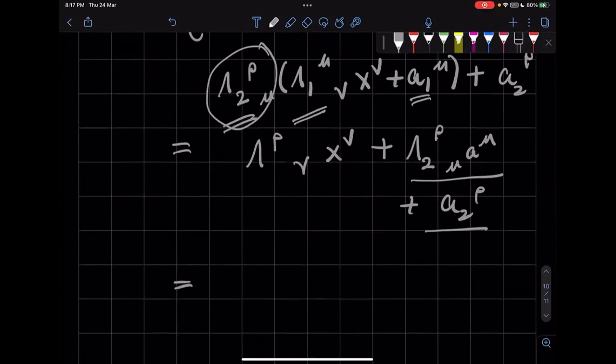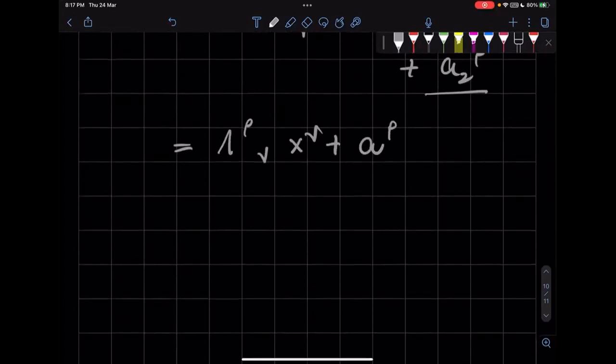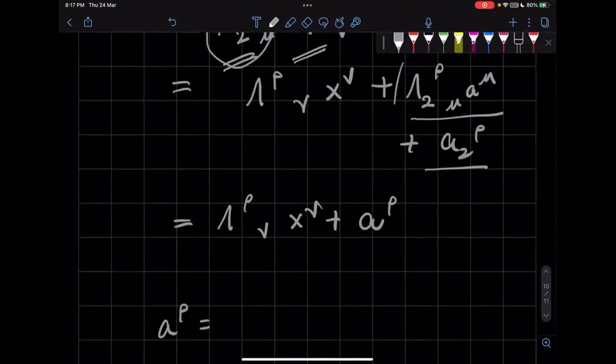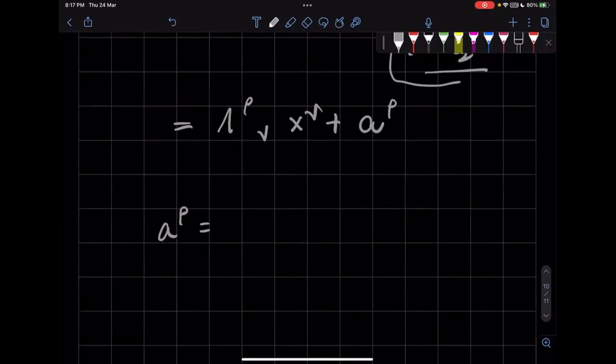Because it doesn't have an x dependence. So we can write this as lambda rho nu x nu plus a rho, where a rho is defined to be this thing: lambda 2 rho mu a1 mu plus a2 rho.